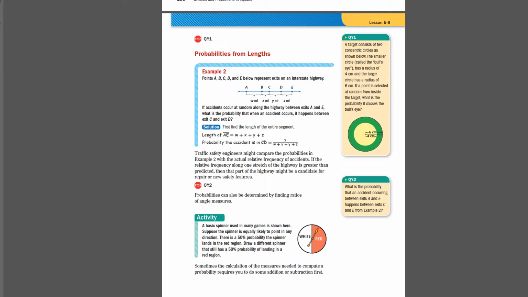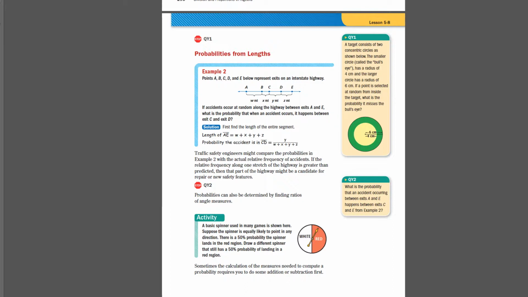So that's our area of interest. We would like to know for that length, that length of interest, what are the accidents that could occur? Well, it's basically the mileage. AE, the total distance, is w plus x plus y plus z. So it could occur anywhere within there. So that distance is going to go into the denominator.